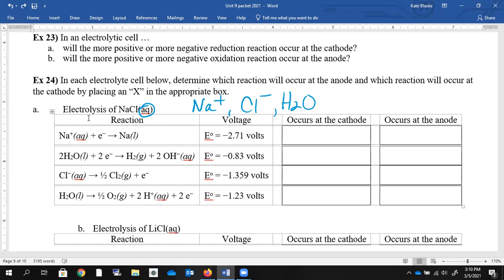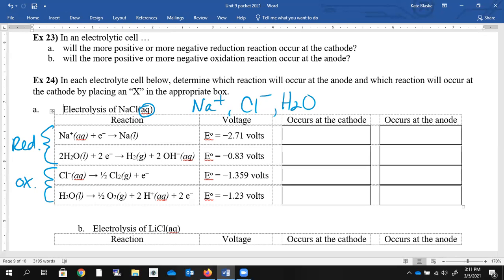Water, though, water can be oxidized or reduced. It has that option. So when I have that water in my solution, oxidizing or reducing water is always a possibility. So if I look, these are my 2 options for reductions. These are my 2 options for oxidations. I got to figure out which one is more likely to happen.